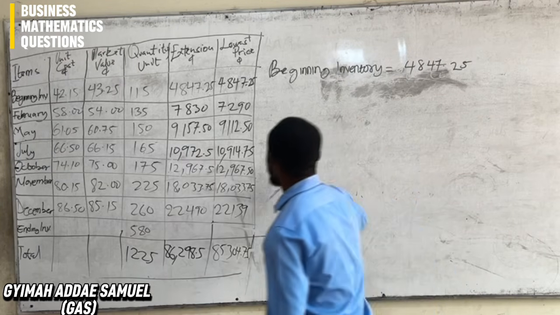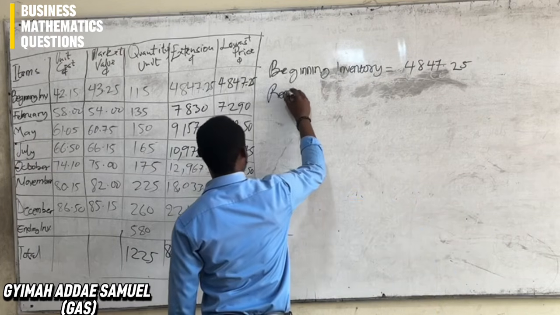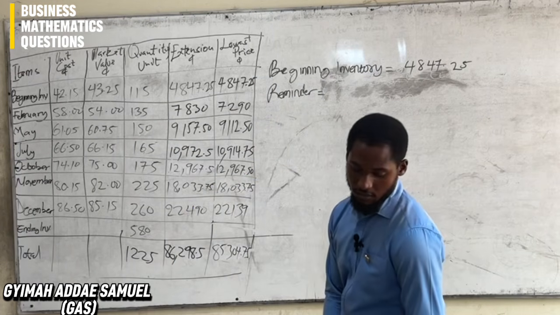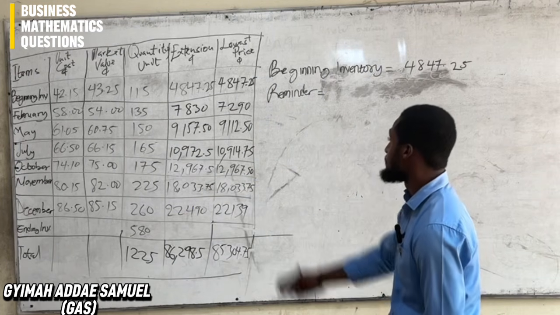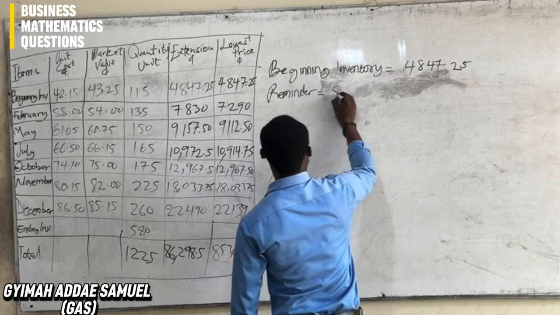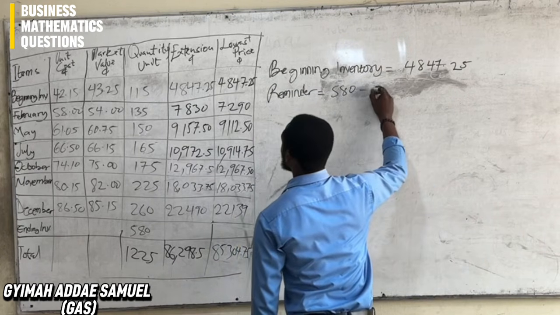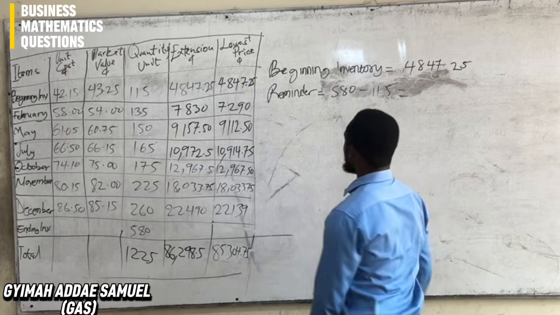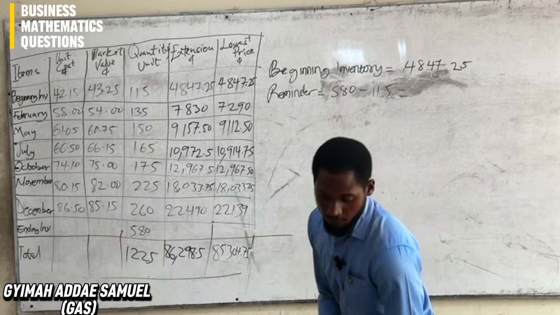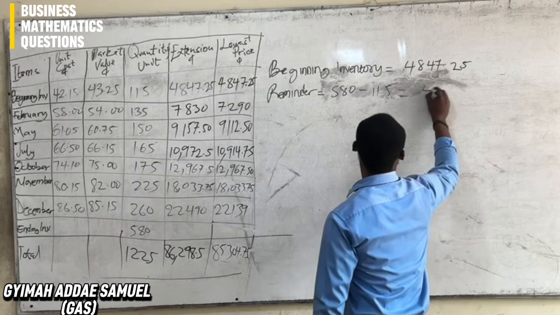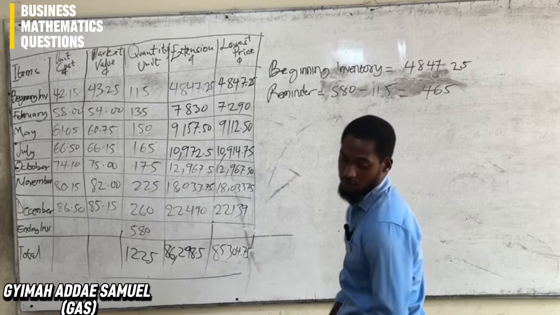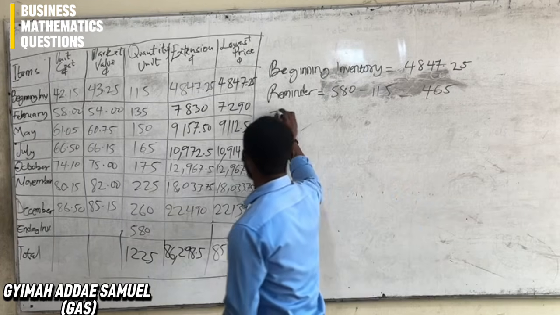We proceed to find its remainder. You subtract the quantity unit from your ending inventory, and you are getting 465. We proceed to February.